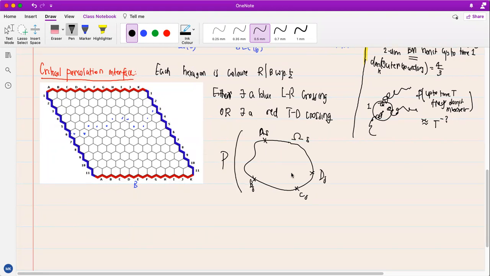And you ask what's the probability that in percolation, we fill this with hexagons, and then each is colored blue or red. So let's say we have colored this side blue, this side blue. What is the probability that there is a crossing from this arc to this arc?